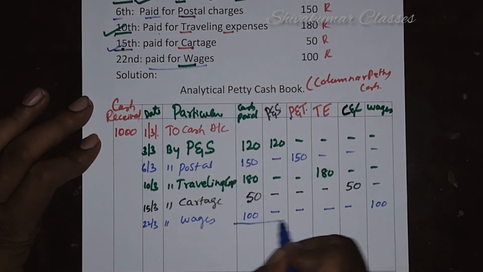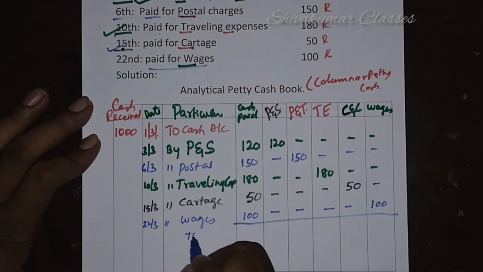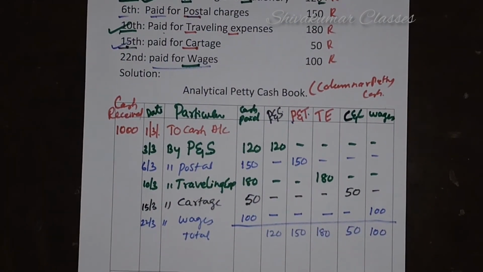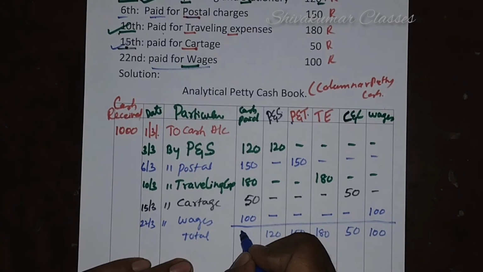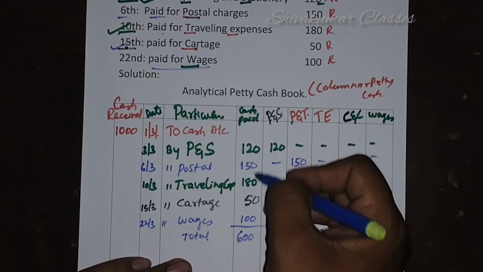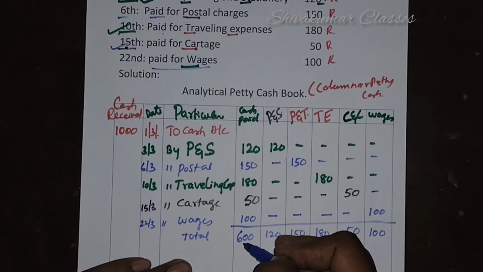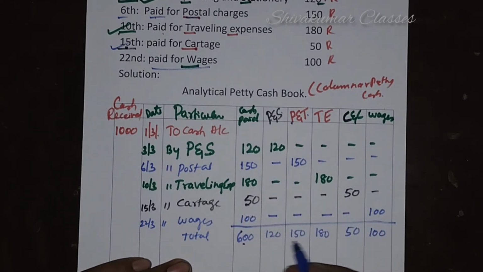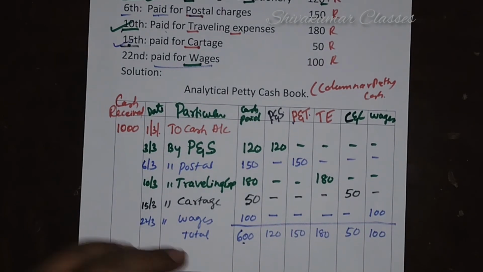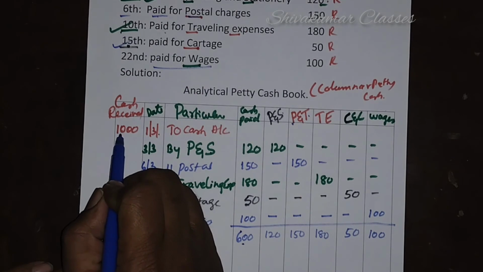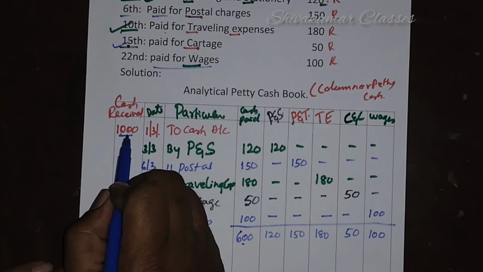Make a total of this. What is our total? The total is 600. If you total it up, the overall total amount paid is 600, and if we total the individual columns we also get the same 600. Now what is the meaning behind that? We have received 1000 rupees from the cashier.